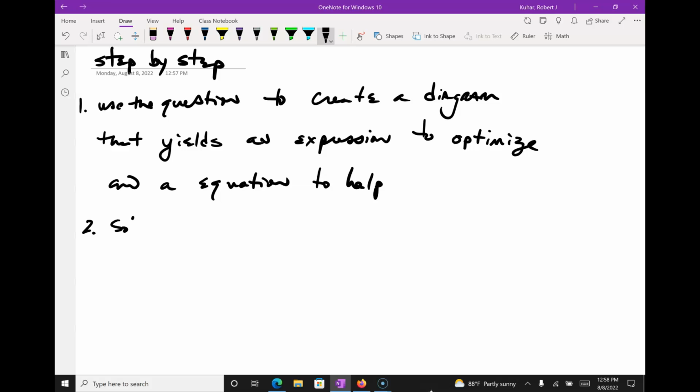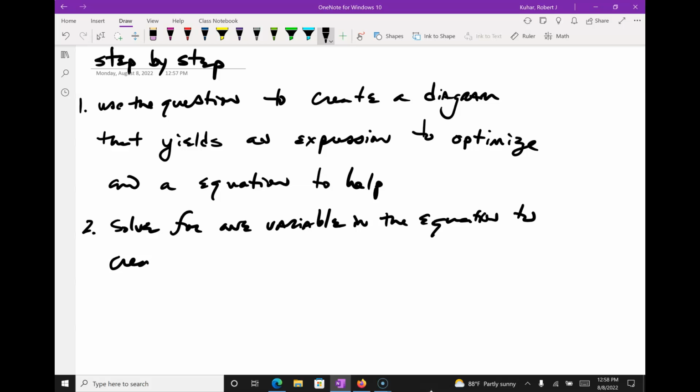Solve for one variable in the equation to create a function of one variable that will be optimized.